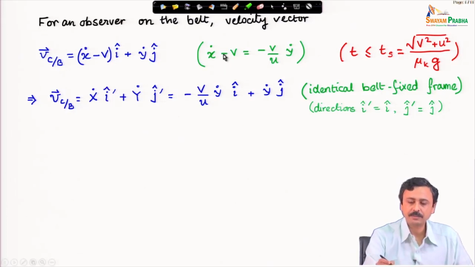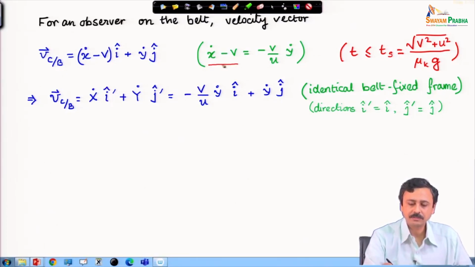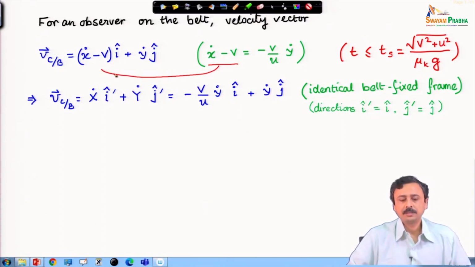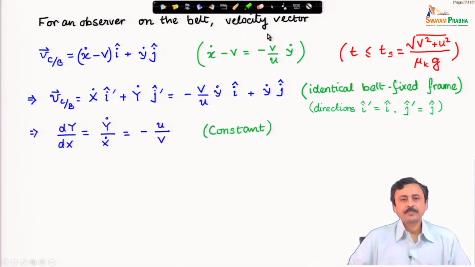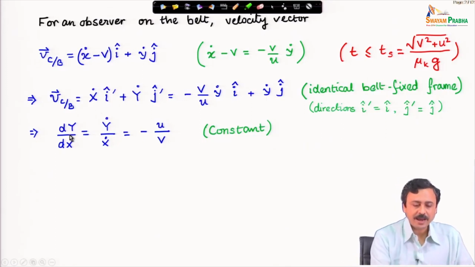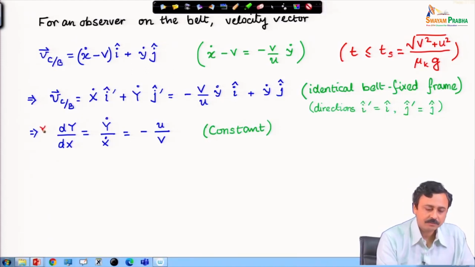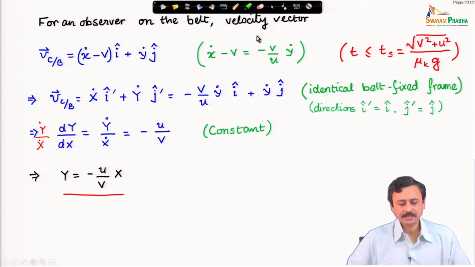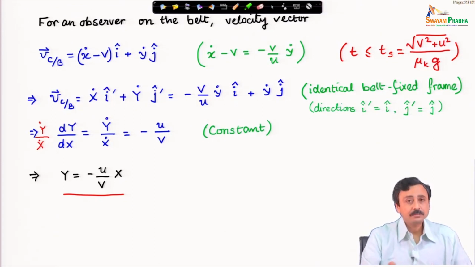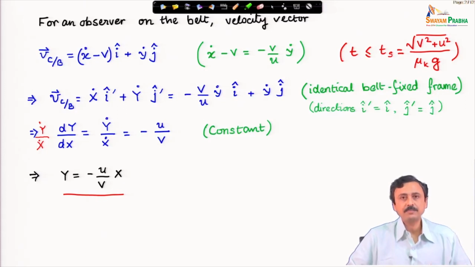which I obtained by substituting this here. These two must be the same, and i cap prime and i cap are the same, j cap prime and j cap are the same. Therefore, I just divide y dot by x dot, which I can write as dy by dx is minus u by V, again a constant, therefore, y must be minus u by capital V times x.